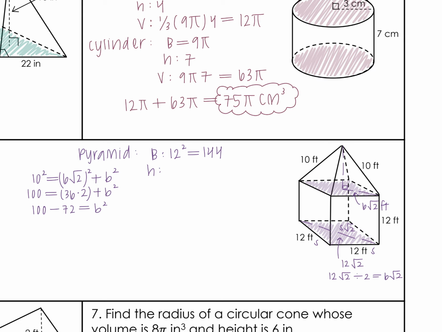And when I subtract, I am going to get 28. So I'll have the square root of 28 is equal to that b, which we then need to simplify. So I would have 2 and 14, and then 2 and 7 to get that my b is equal to 2 root 7. So we're going to have a height of 2 root 7 for this pyramid.